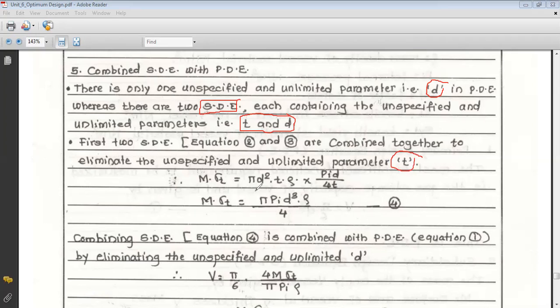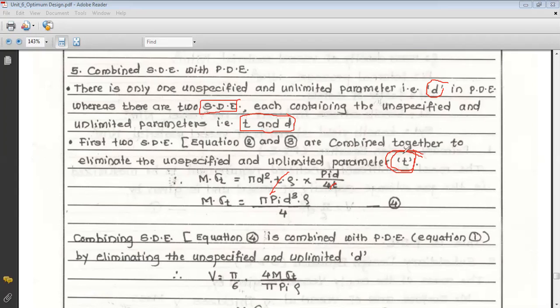Mass is given by surface area, that is pi d square into thickness t into rho, and sigma t is given by pi into d upon 4t. Now t gets cancelled, so the unspecified unlimited parameter t is eliminated. Now we get mass into sigma t as pi by 4 into pi d cube into rho.